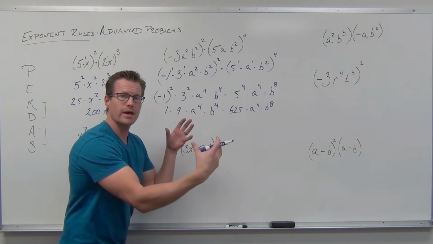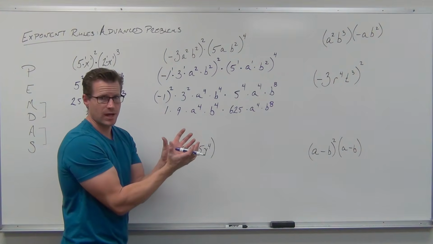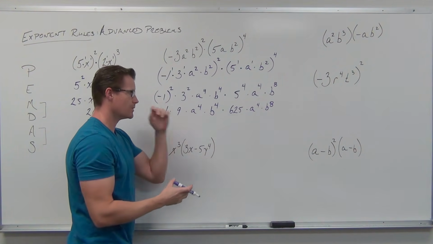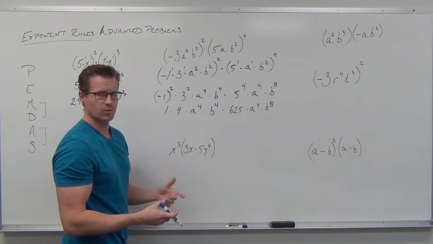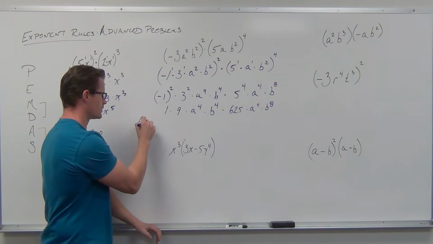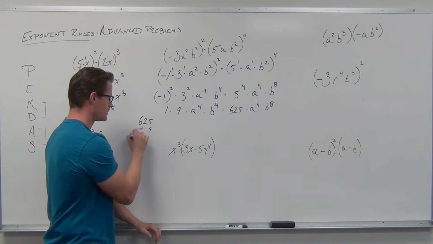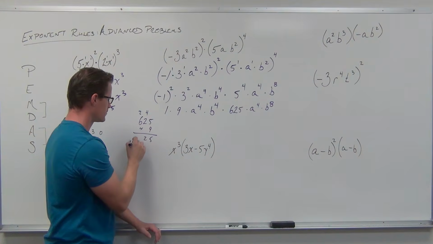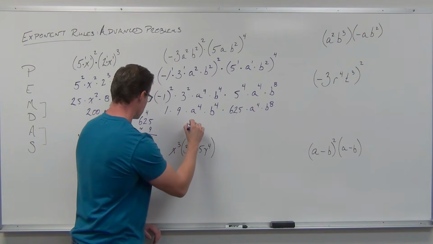Now, let's multiply all our numbers. Remember, exponent rules don't apply to the multiplication you're used to. We're just going to do 9 times 625, so whatever that happens to be. Looks about right.